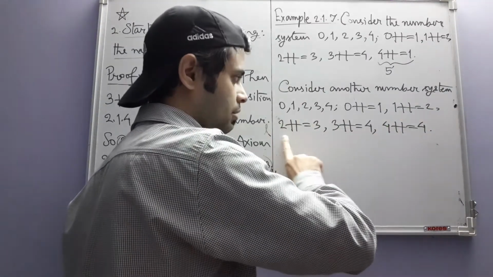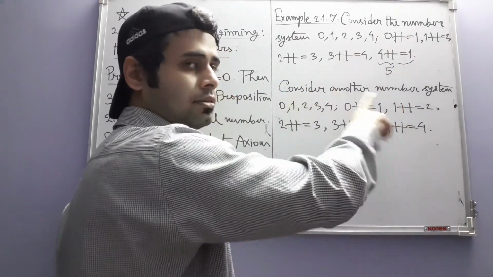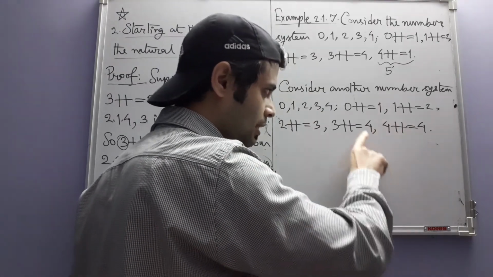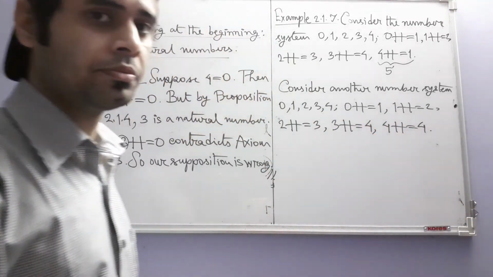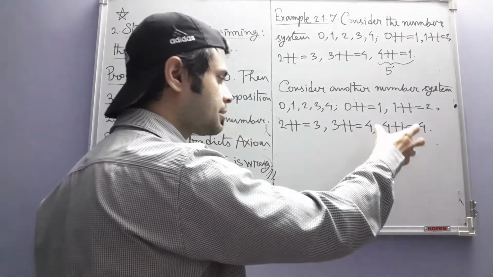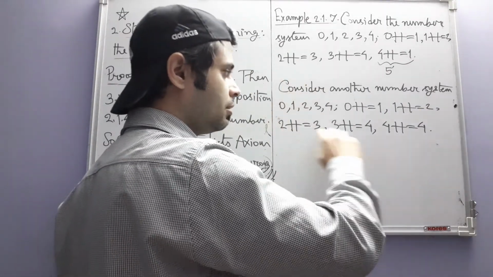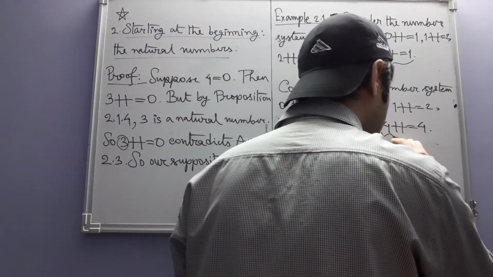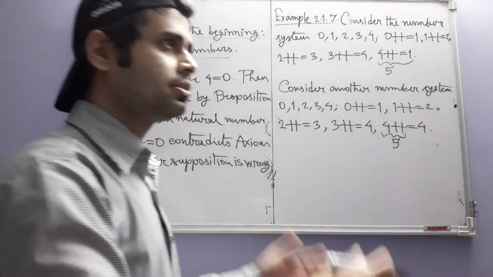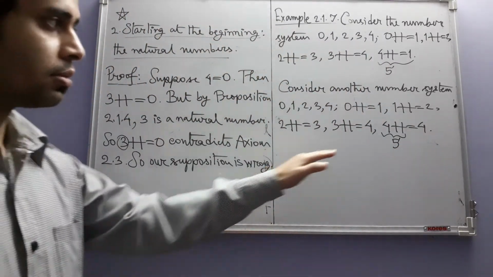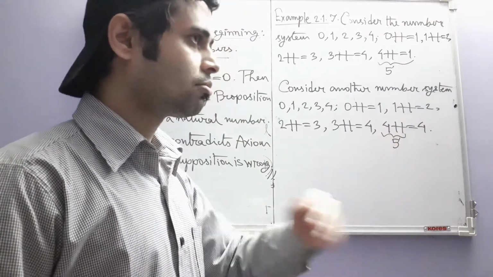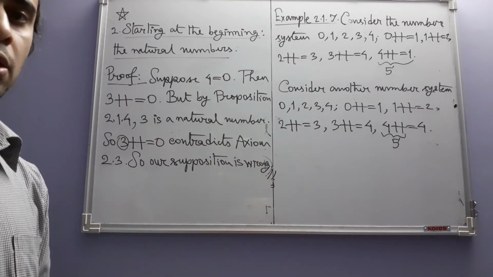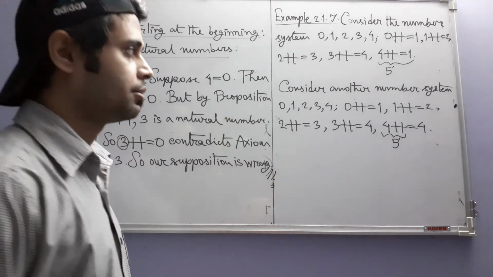Here, in the beginning, everything is just like the previous example, but the successor of 4 is again 4. So here, instead of things cycling back to some previous number, the number system has hit a ceiling. Here 5 is equal to 4, 6 is equal to 4, 7 is equal to 4. So from 4 onwards, all the other natural numbers are equal. Clearly this also will not work, because that's not what we want.